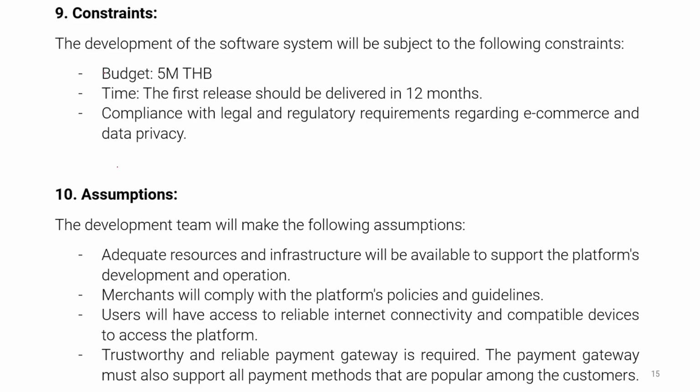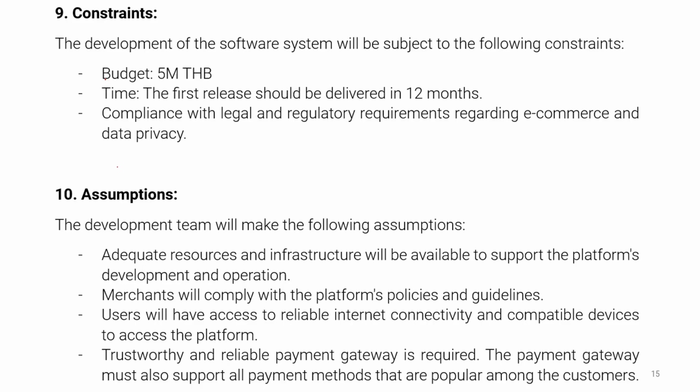For example, in here we have a budget of 5 million, and time, you need to finish the first release within 12 months. It can be extended later, but we need to release within 12 months after the development, and it has to comply with legal and regulatory requirements regarding e-commerce and data privacy, for instance.